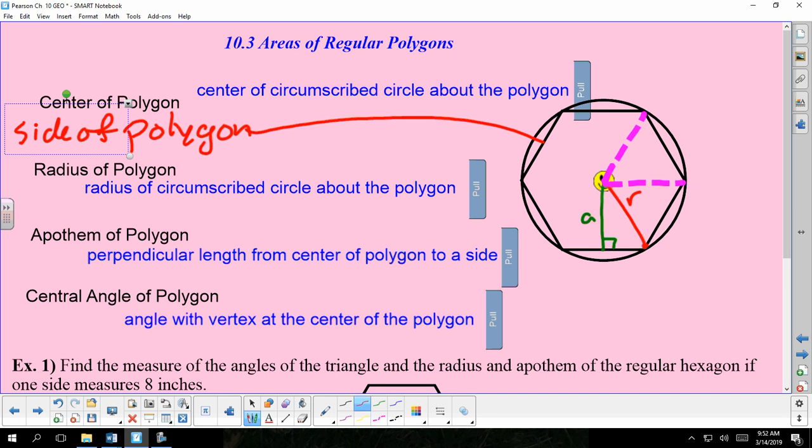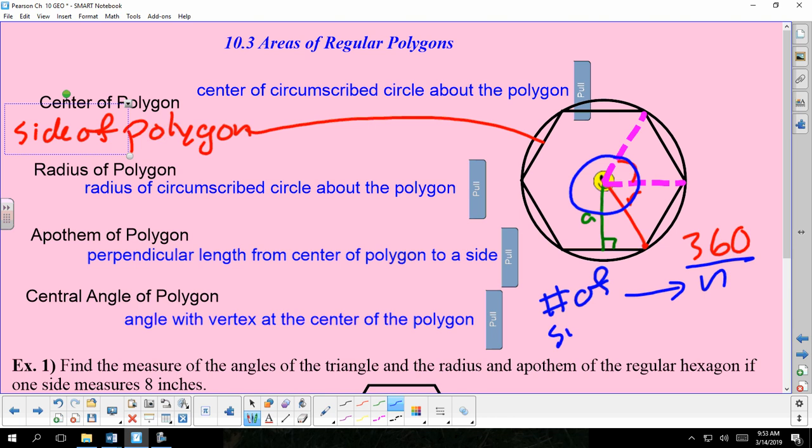There's a central angle. And to find the measure of that central angle, we can take 360, which is all the way around, and divide it by n, the number of sides.